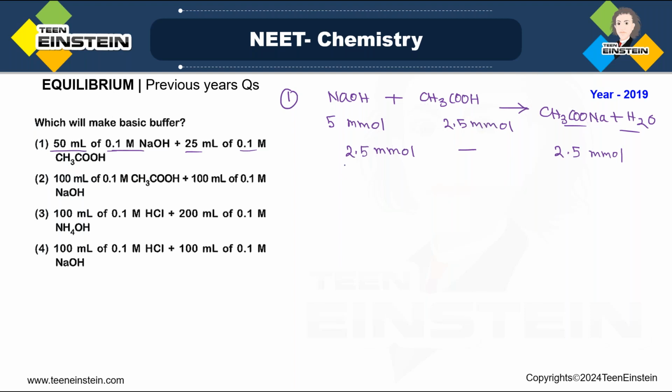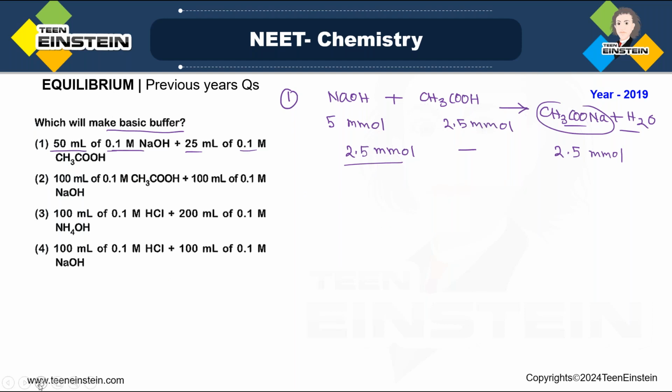The solution will be basic because of the presence of NaOH, but this is not a buffer, because buffer means the mixture of weak acid and salt or weak base and salt. It is true you have some weak base, you have some salt, but the base present is strong. So this cannot be a basic buffer. And we have to find a basic buffer. So this is not the correct option.